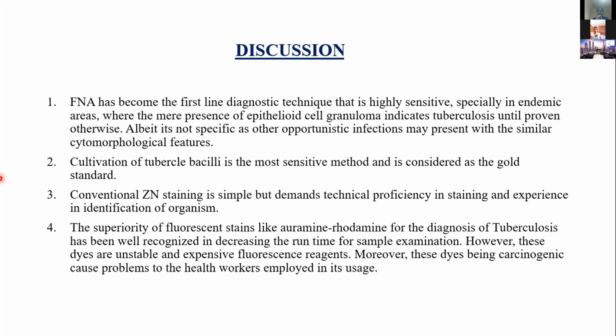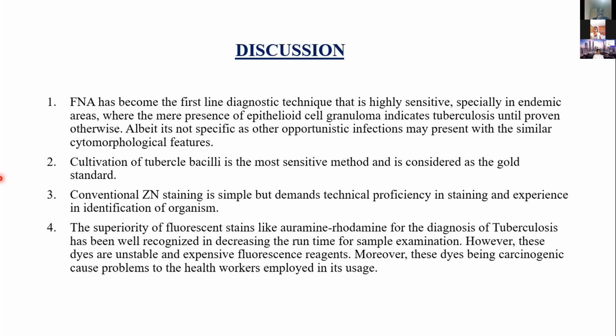The superiority of fluorescence stains like auramine rhodamine for the diagnosis of tuberculosis has been well recognized in decreasing the runtime for sample examination, because as I told you earlier, we examine them under low power, and if they are present then we can see them fluorescing as golden yellow bacilli. So the runtime is decreased.